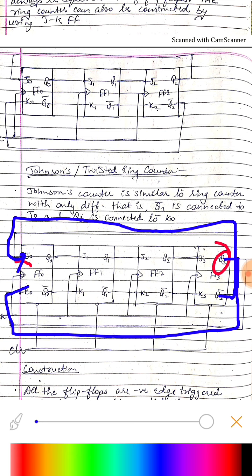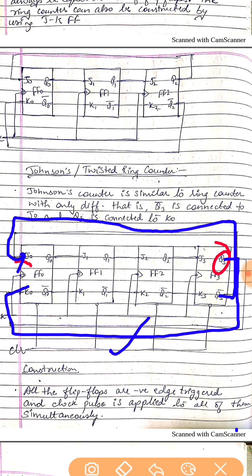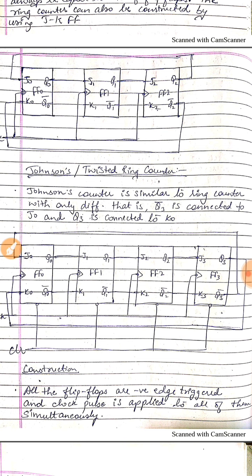So this is the only difference between a ring counter and the twisted ring counter. The complemented output is fed to the first flip-flop at the J0 input, and the uncomplemented one is fed to the second input K0. So this is how the construction would look like.